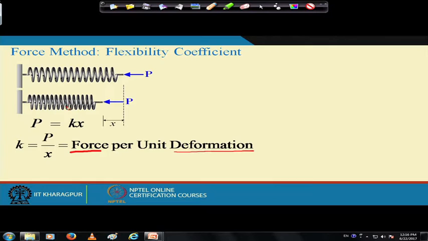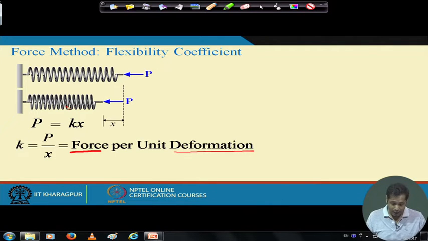So in that case, what could be the definition of stiffness? We'll see what could be the expression for stiffness, but as far as definition goes, it is force per unit deformation, and we'll see what kind of force and what is the associated deformation shortly.